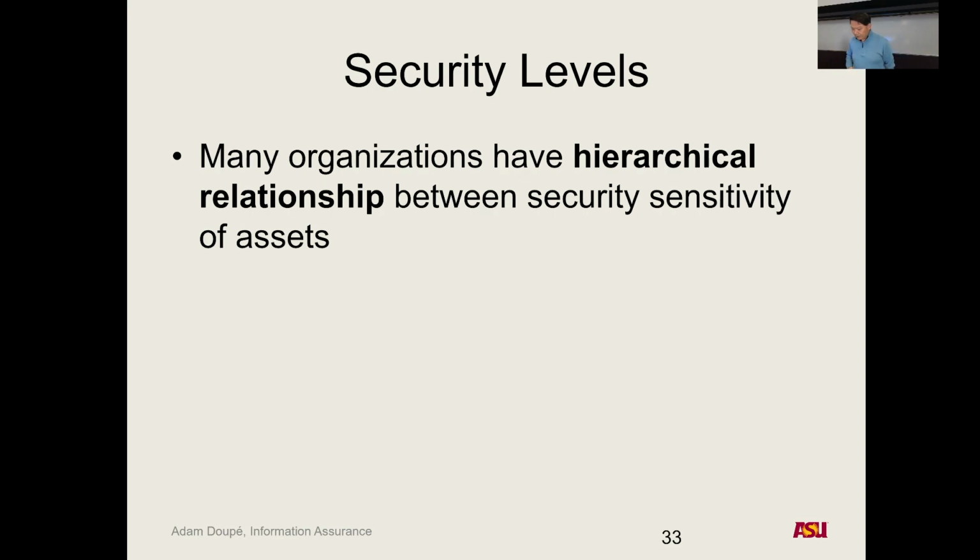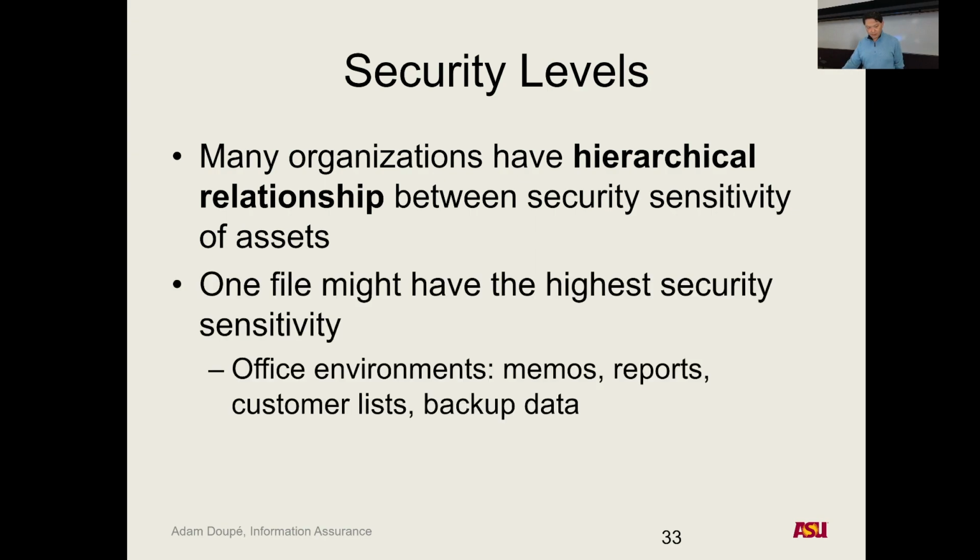So it means something might have the highest security sensitivity, indicating that not all assets are equally handled, right? So only some files might have the highest security sensitivity. In the office environment, maybe memos, reports, customer lists, backup data. So these are examples of the assets of some organizations, right?